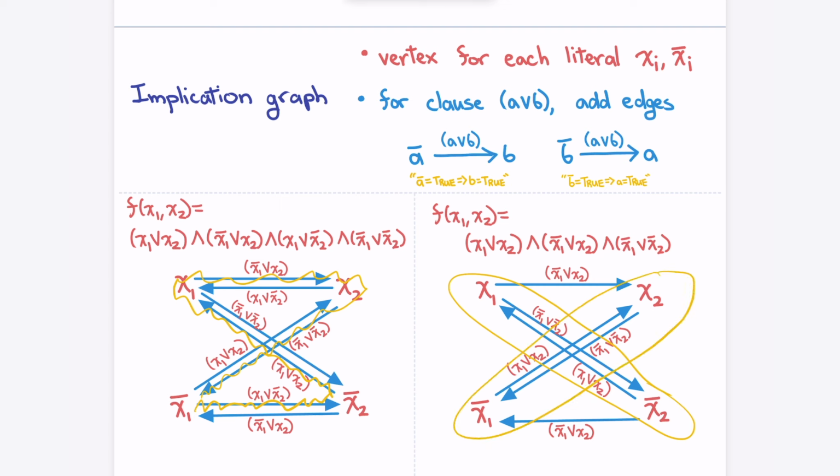And one of these can actually reach the other. I'll do this one in purple. Purple can actually reach yellow. Yellow cannot reach purple. And there's no contradiction. There's nothing special about it. It just says that if you set purple to be true, then yellow would have to be true. If you set yellow to be true, that does not force purple to be true.